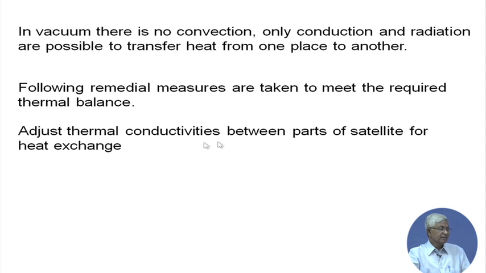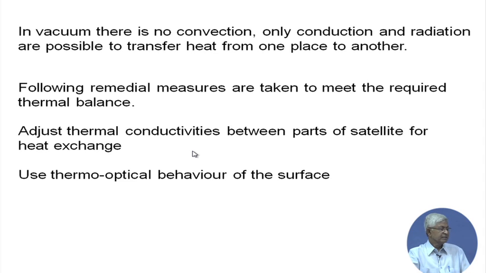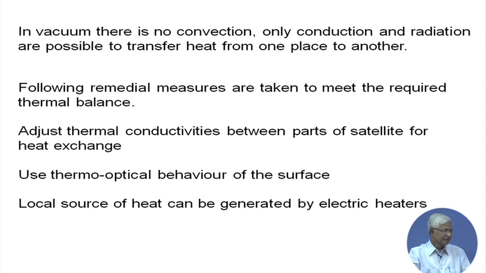That can be done with heat exchangers, using the thermo-optical behavior of the surface. The surface facing the sun has a high temperature, and the other side facing the cold sky has a low temperature, so use that. Local sources of heat can also be generated by electric heaters.